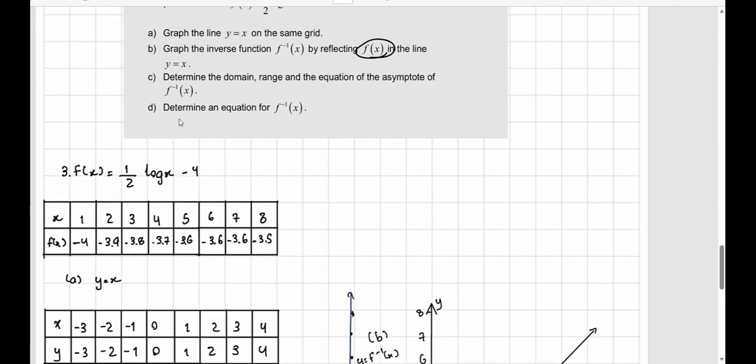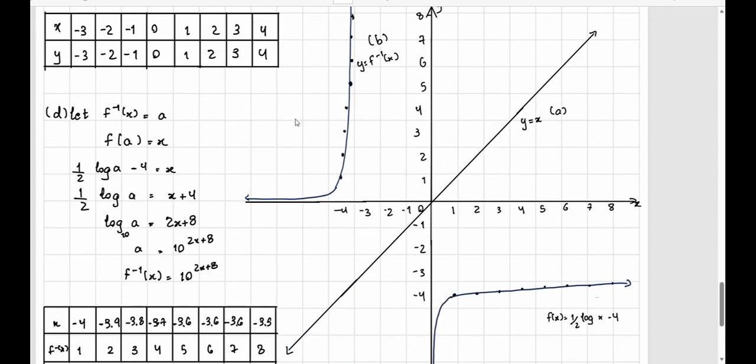So for number D, determine the equation of f of x. As usual, we let f inverse x be something. So I let f inverse x equal to a. According to the rule, the domain of f of x is equal to the range of f inverse x, and again, the range of f of x is equal to the domain of f inverse x.